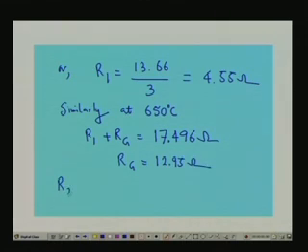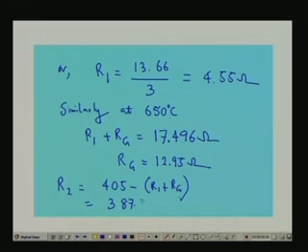So, R2 will become 405 ohm minus R1 plus Rg, which is equal to 387.5 ohm.